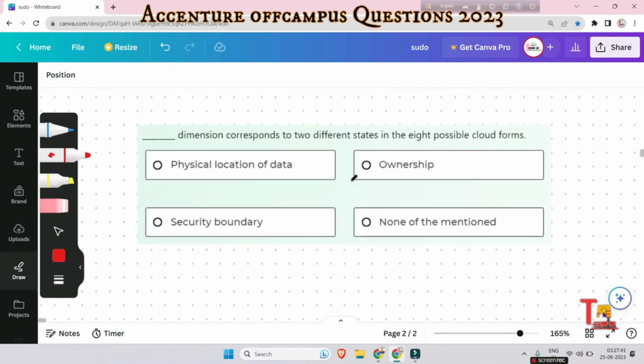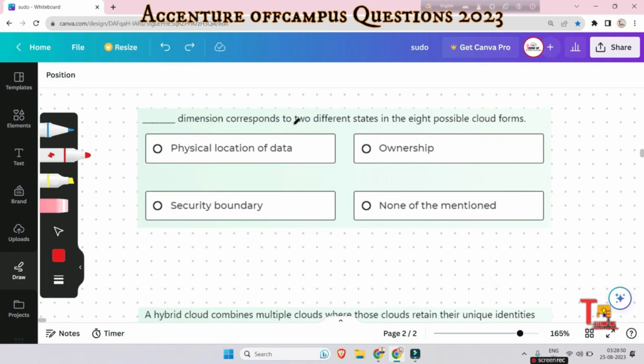The next question is: which dimension corresponds to different states in the 8 possible cloud forms? What will be the answer? Without delay, I am answering, but if you don't know the 8 possible cloud forms, let me tell you that private, public, community, and multi-distributed edge clouds are available.